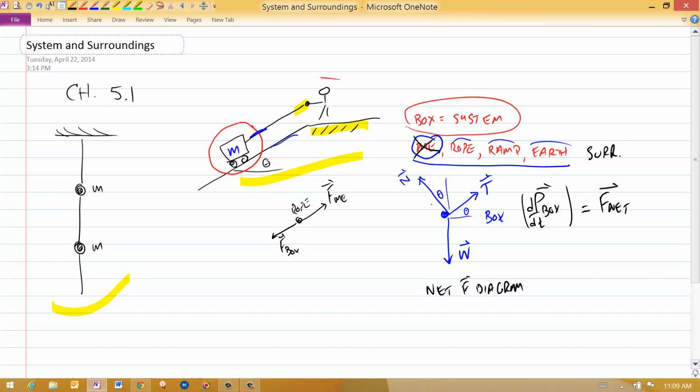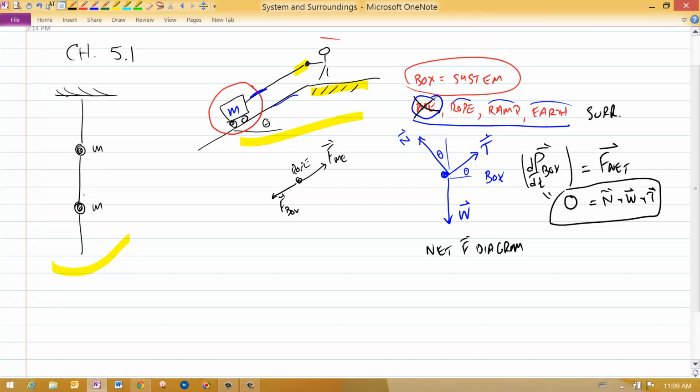So I've got all those forces. I can resolve them into components, but for this purpose I would have normal force plus the weight plus the tension. And because the box is standing still, the rate at which the momentum changes is 0. That's a static problem, and there is what the momentum principle says for the person holding up the box.